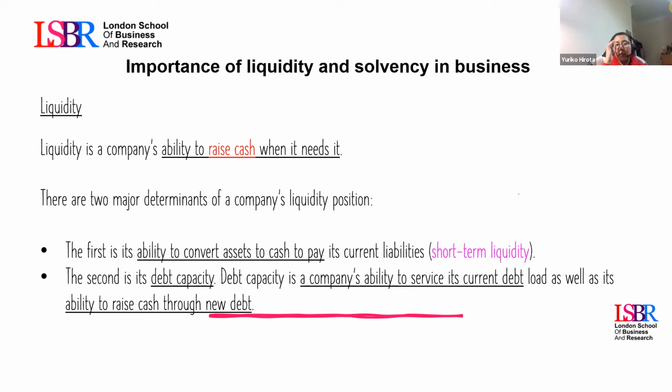The second topic that we are going to review is liquidity. Liquidity is a concept based on raising cash. It is the ability of the company to raise cash in a certain period.